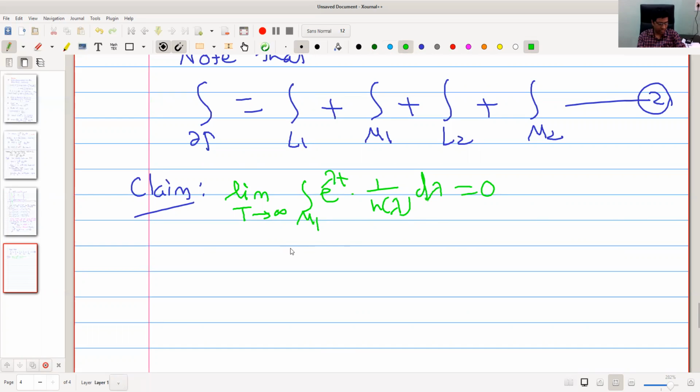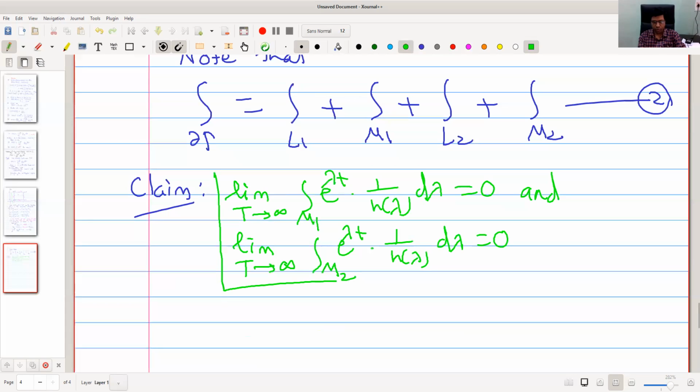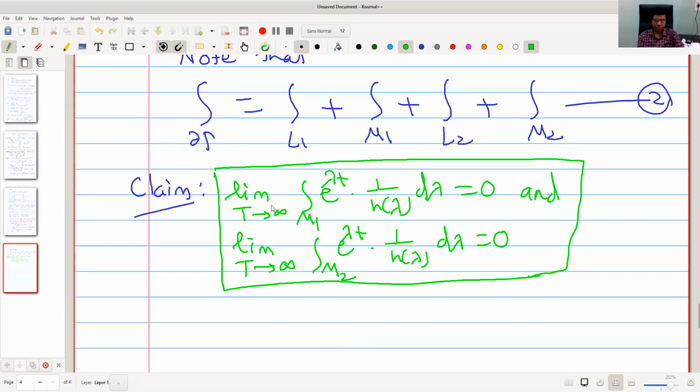This limit is 0 and the same thing along M2 is also 0. So these two are our claims. Okay, so we are going to prove this.